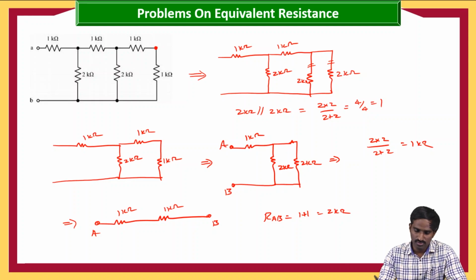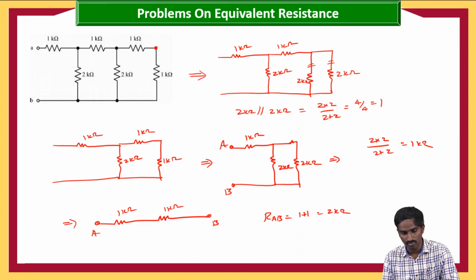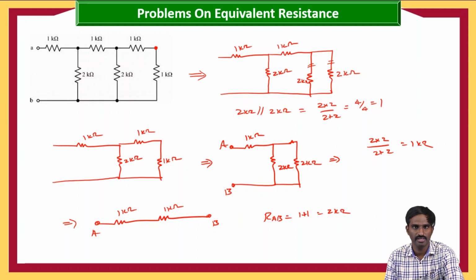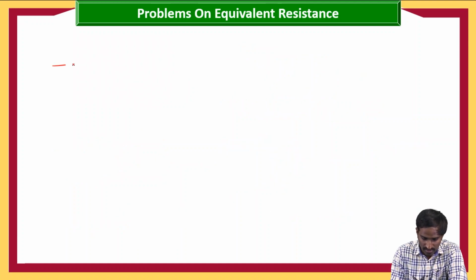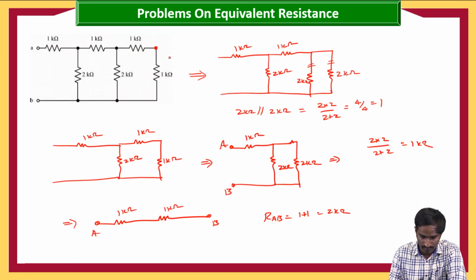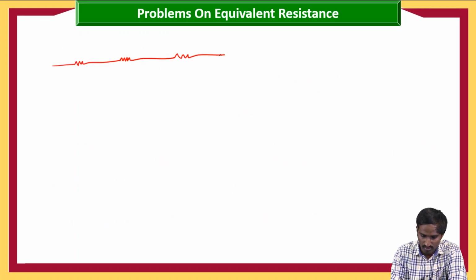Right? So here, even without doing all these things, I will just let you know a very simple technique. Without drawing this, how we can find the value, because very easy values have been given. So here 2, 2 and all are 1. So let us draw the circuit again, and here you will have one more, and here one more, and of course here one resistor, and here one resistor, and here one resistor.